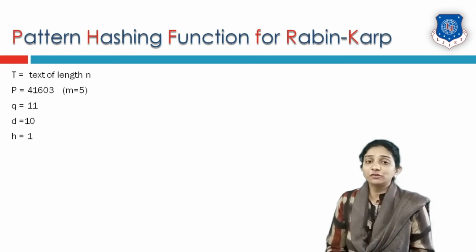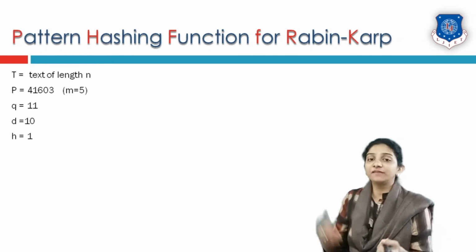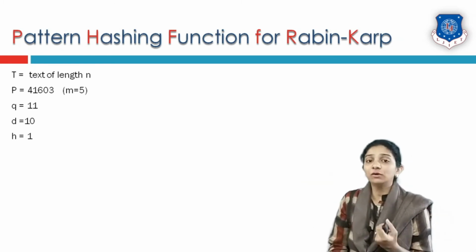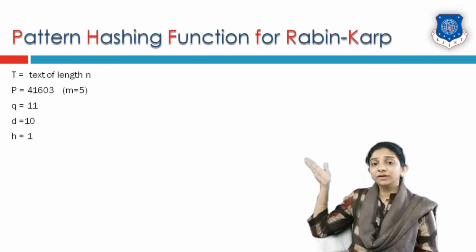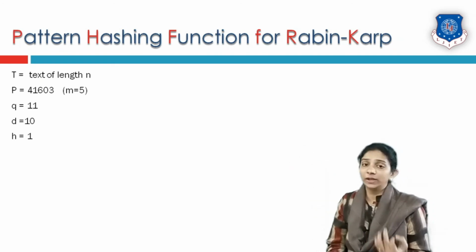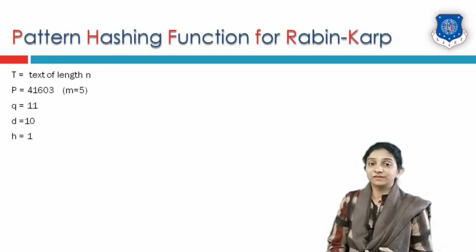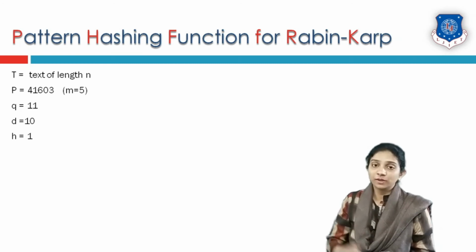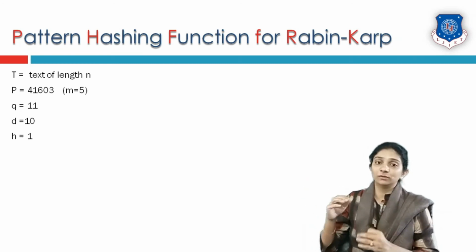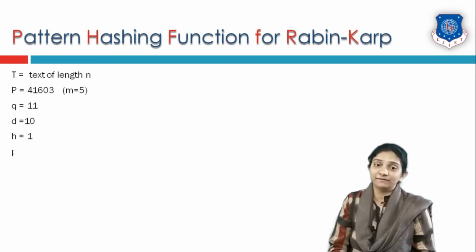I need to also find the hash of the given pattern. For a given pattern, I need to first convert the given set of characters into an equivalent number. That is, I will multiply 4 with 10,000, 1 with 1,000, 6 with 100, 0 with 10 and 3 with 10 raised to 0. Then I will add up all those values and take the modulo with 11.